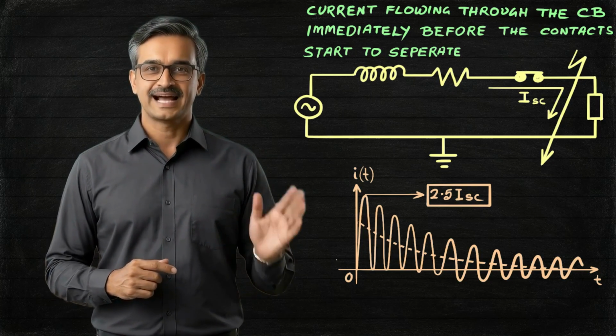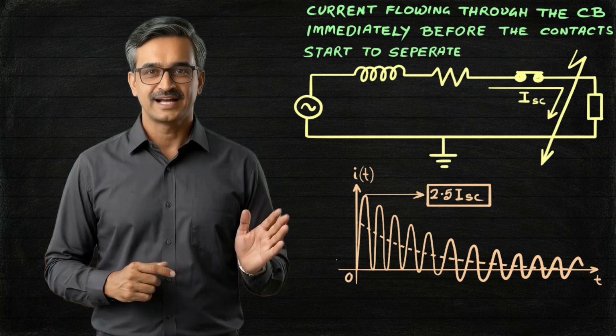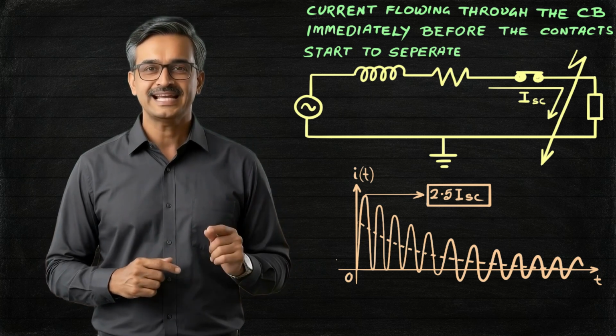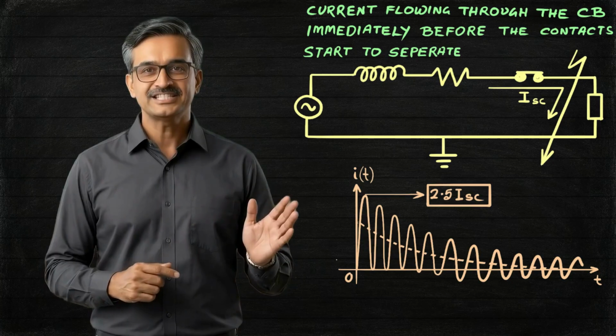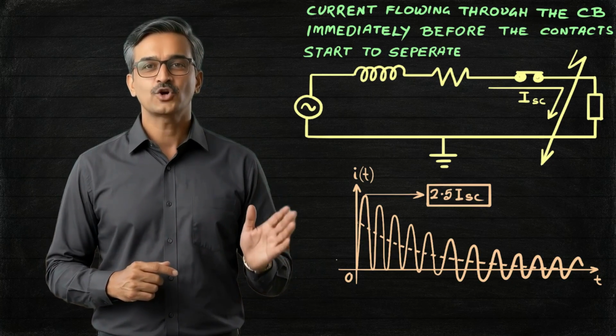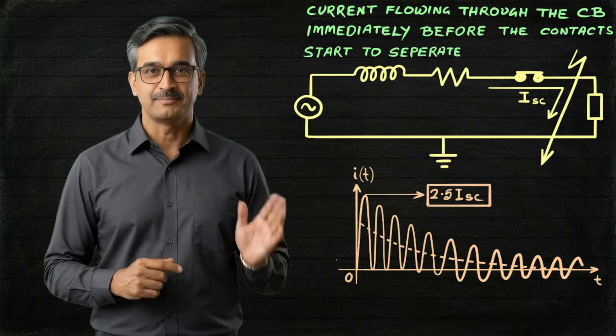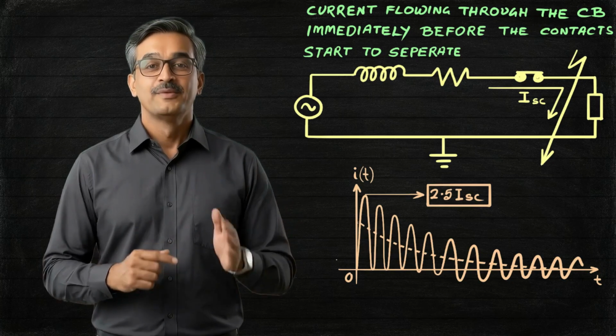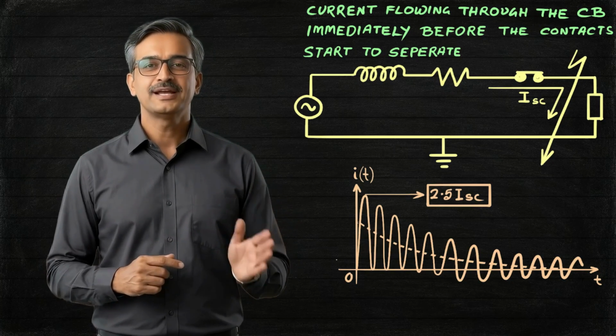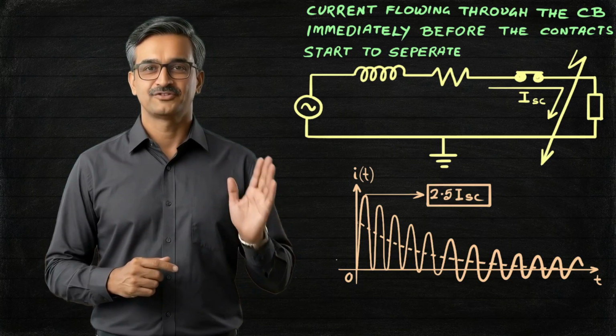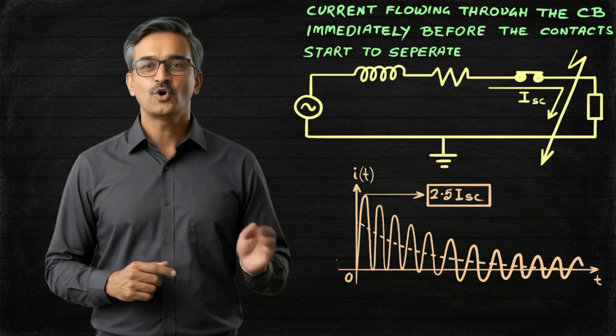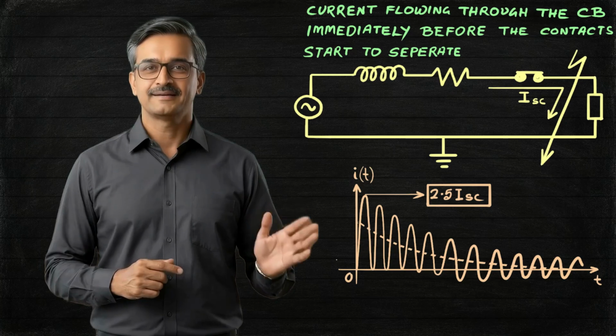By the time the contacts actually begin to separate, the transient making current has already decayed completely. At that instant, only the rated steady-state short-circuit current is flowing through the circuit breaker. Since we have assumed that this is the maximum rated short-circuit current of the system, the current flowing through the contacts at the instant of contact separation is the breaking current.